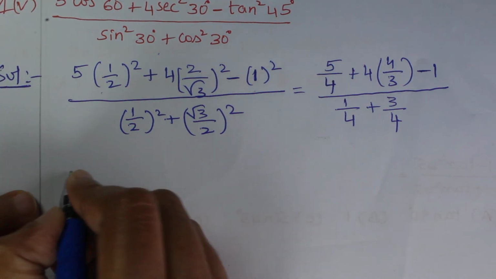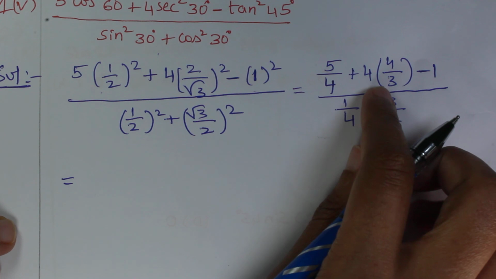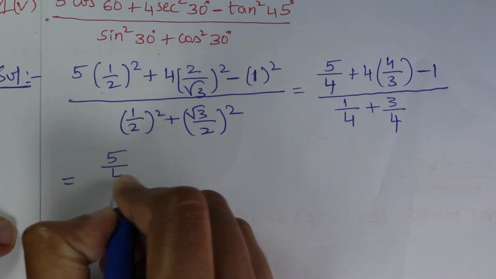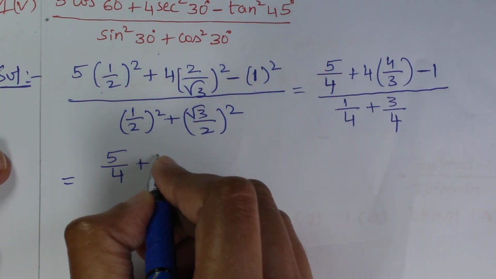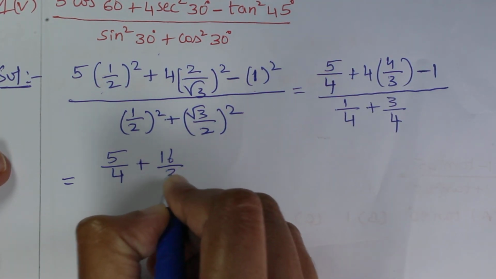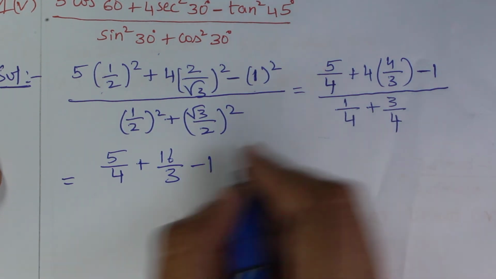Okay, now this is equal to 5 by 4 plus 16 by 3 minus 1, divided by 3 plus 1 is 4 by 4, that is equal to 1, right?